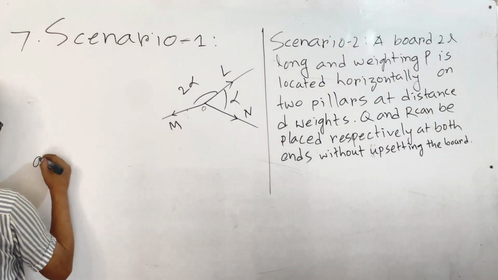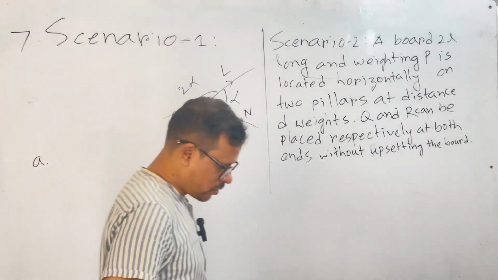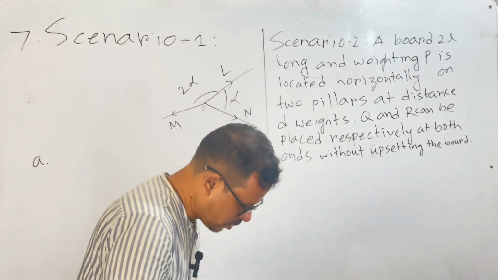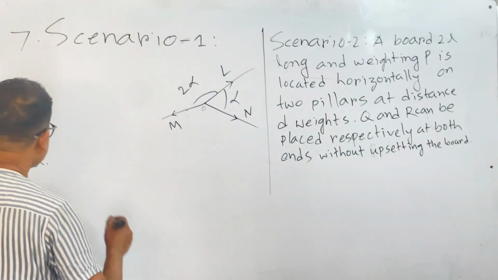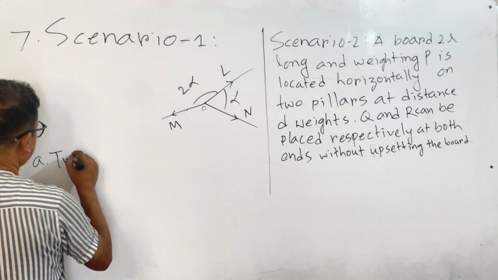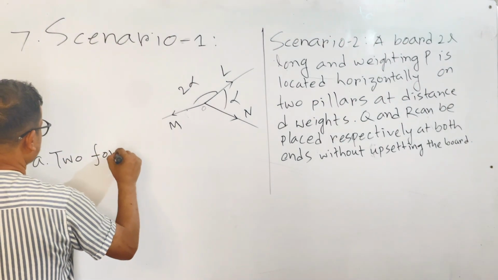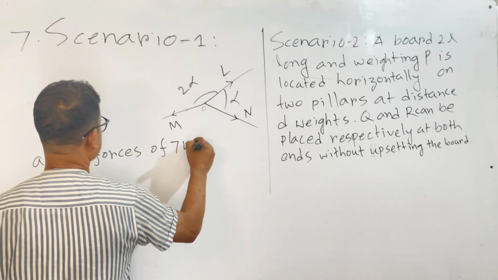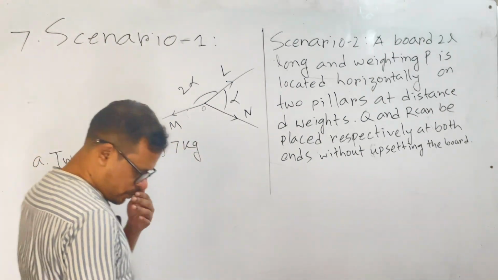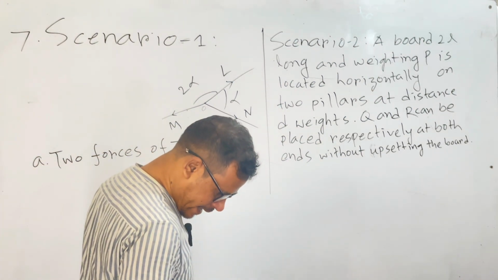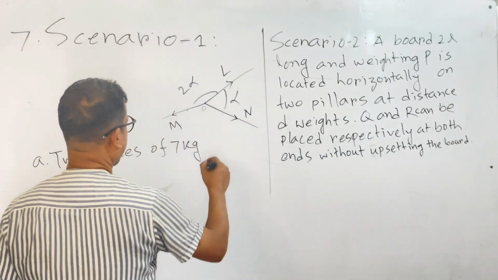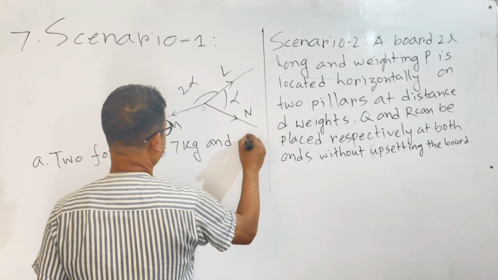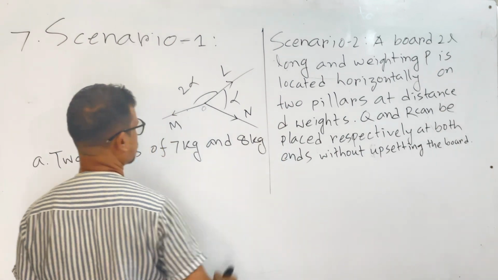What does question A say? Two forces of 7 kg and 8 kg have a resultant of 13 kg.